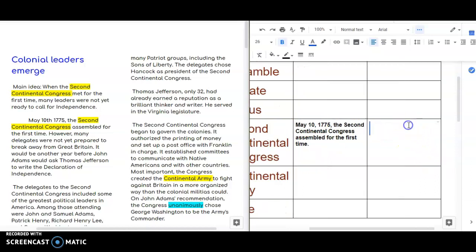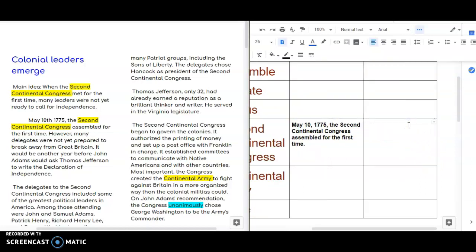And then over here, what do I think it means? Well, if I read a little bit further, it says however, many delegates were not yet prepared to break away from Great Britain. So it would be another year before John Adams would ask Thomas Jefferson to write the Declaration of Independence. You could take a wild guess as to what the word means.